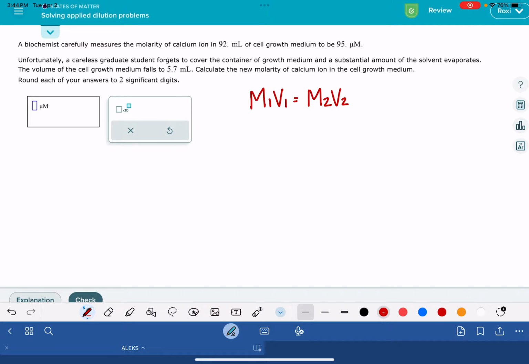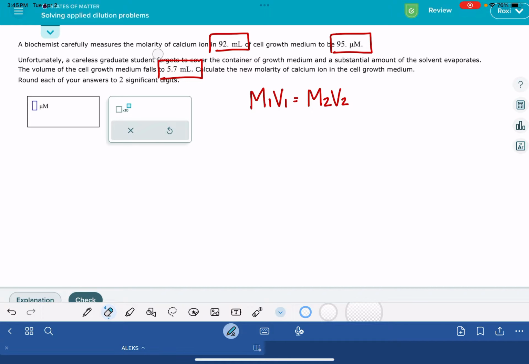So in this version of the problem, the cell growth version of the problem, we have three numerical values provided to us in the problem, and that represents three of the four variables in the dilution equation. We just have to get each numerical value assigned to the correct variable.